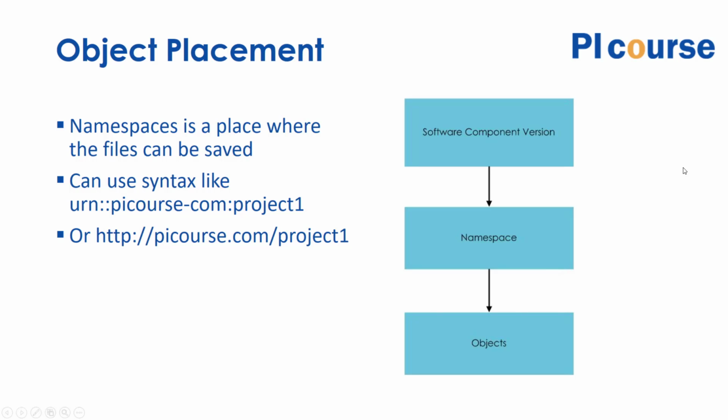We have a software component version. This is defined in the SLD, the System Landscape Directory. Then we would create a namespace where we can organize our components into something like a URN or HTTP. And then under this, we would put in our specific objects.